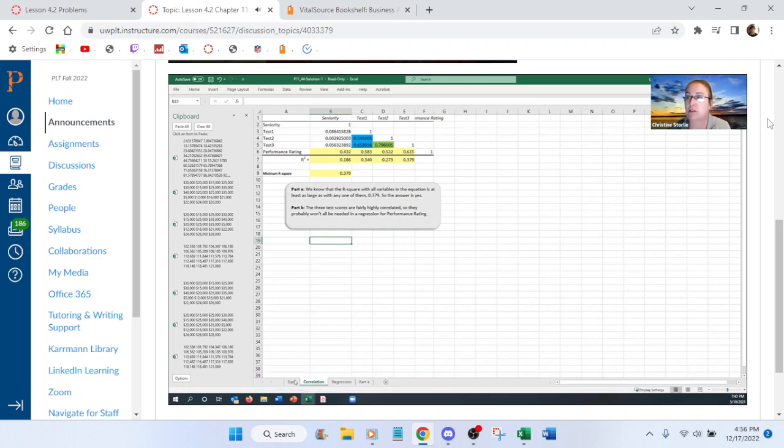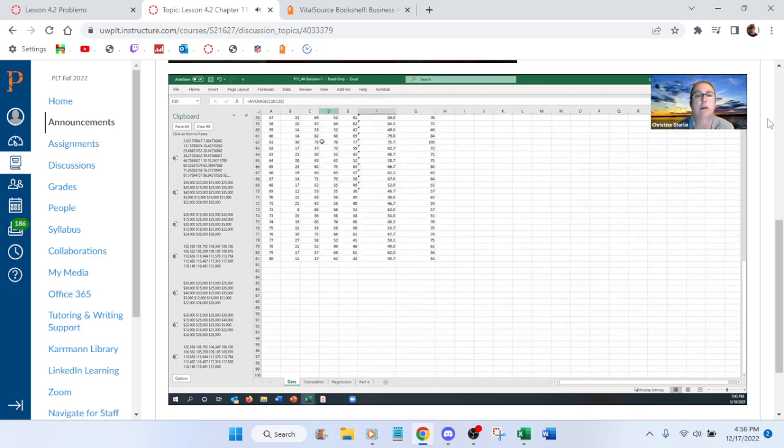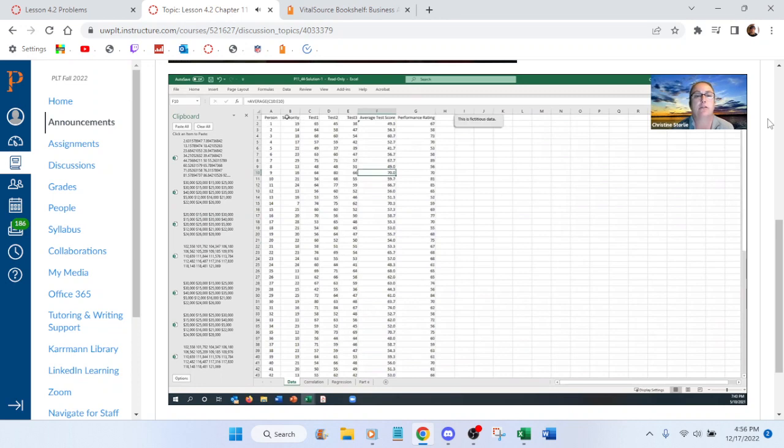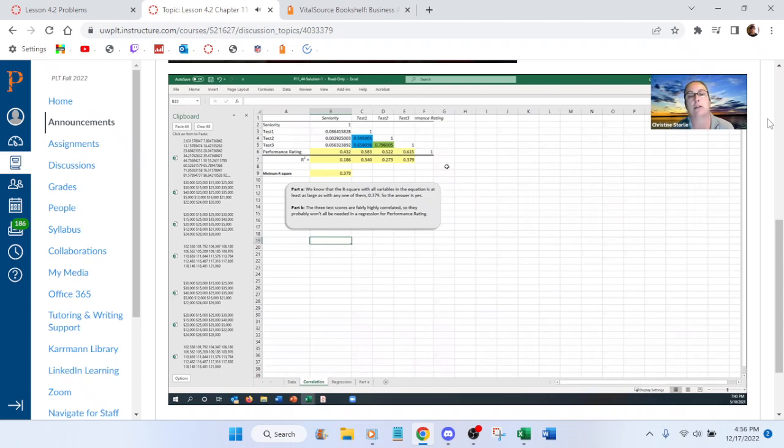I like this question because it makes you think about the connection between the correlation between individual variables and all the variables. To get this correlation table, you would have just opened up the data analysis toolpak, selected all of the variables, and gotten your correlation table.